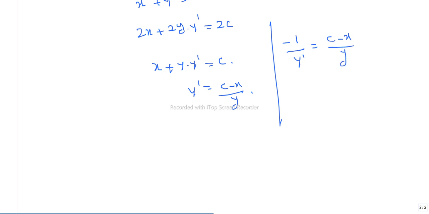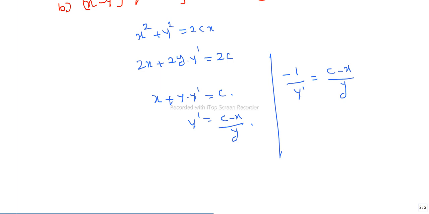Now, you have to replace the c value. From this we can write what is y dash. Just cross multiply, and we get y dash equal to y by c minus x.